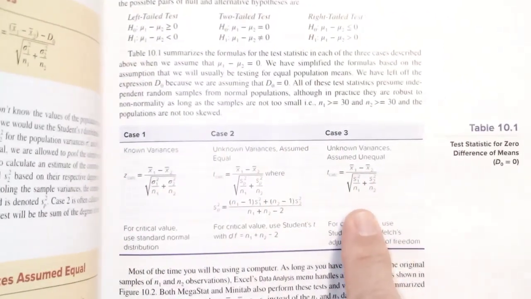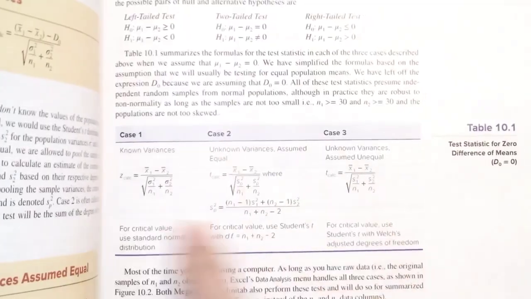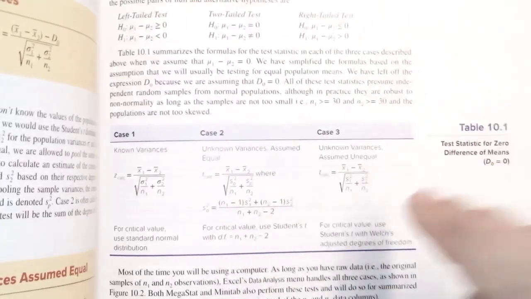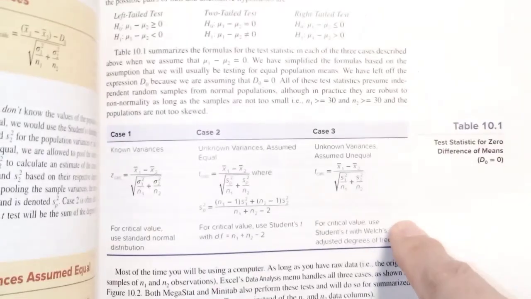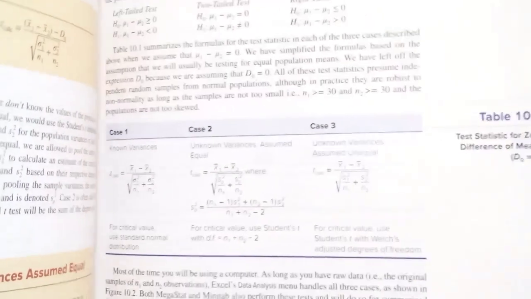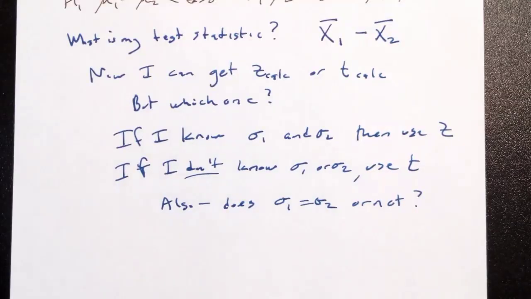You should put a post-it flag here. You should put a mark next to this on page 369. These are the formulas we're going to use. But then I'm going to show you how to do it on a computer. Because 99.9% of the time, we're not doing this by hand.